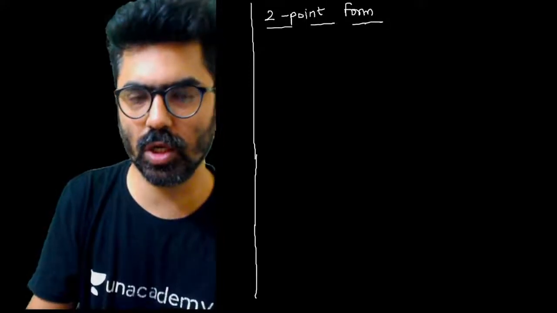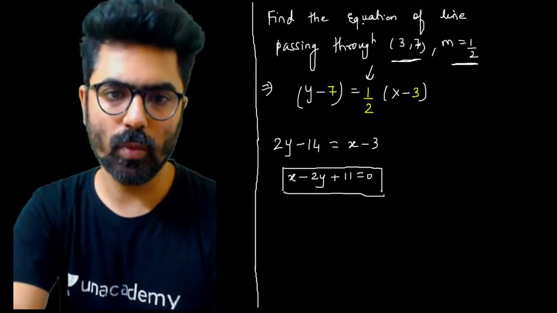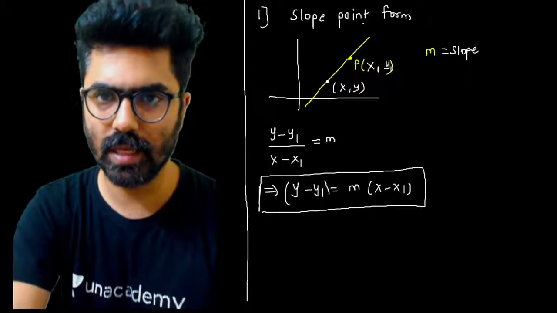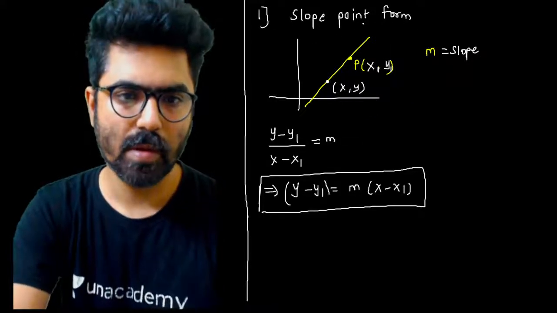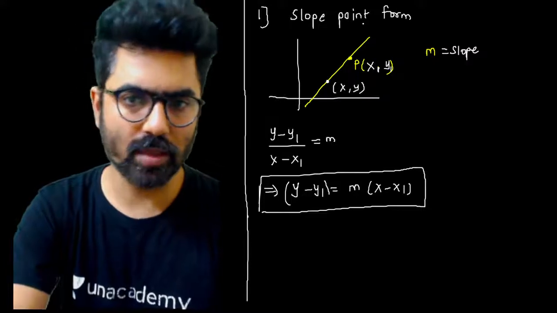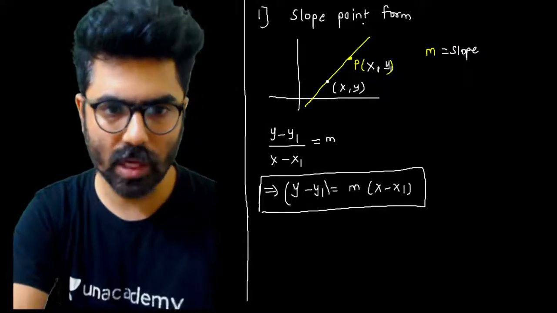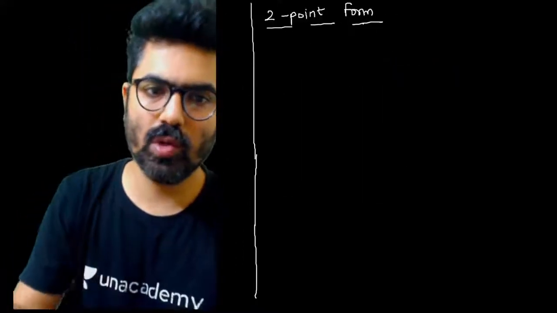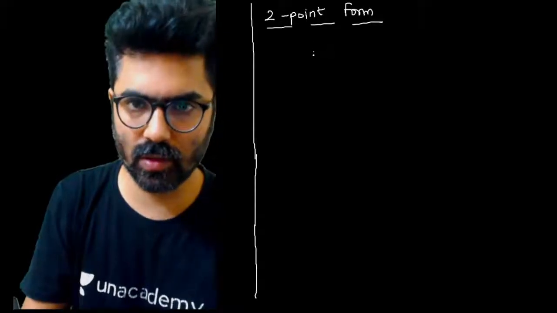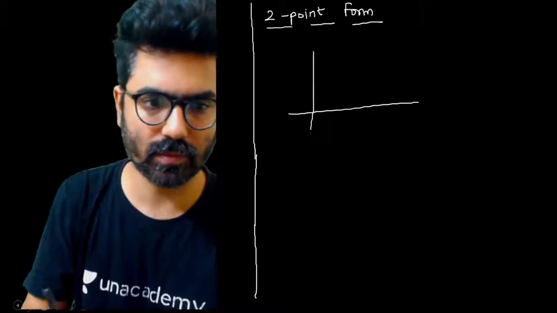In this, instead of the slope, they'll give us 2 points through which the line is passing. Like here, in slope point form, only 1 point and the slope were given. Now, in 2-point form, 2 points will be given through which the line is passing.